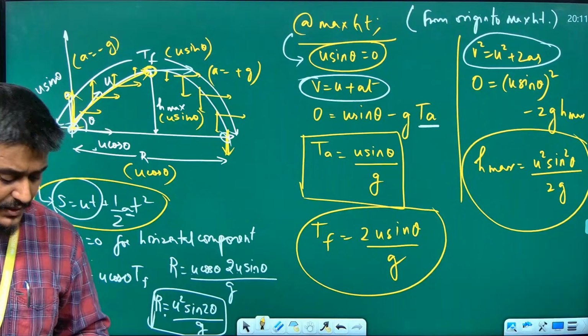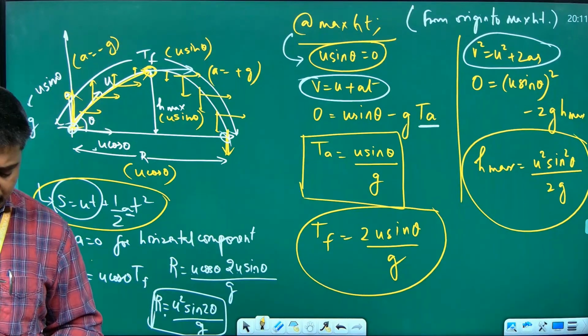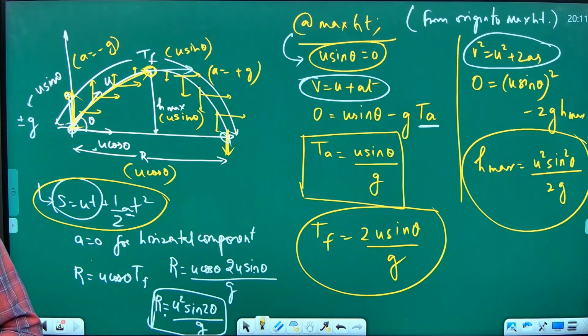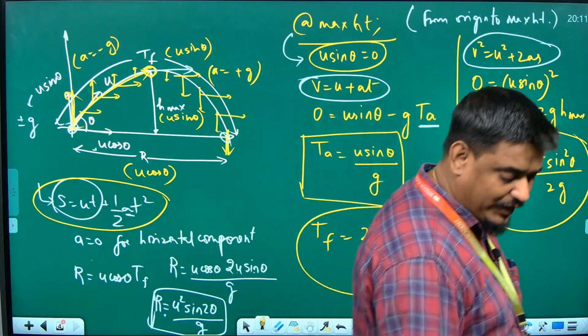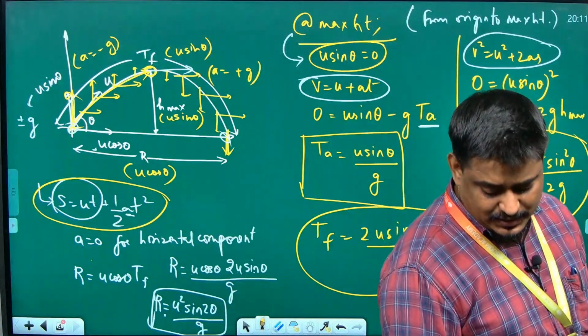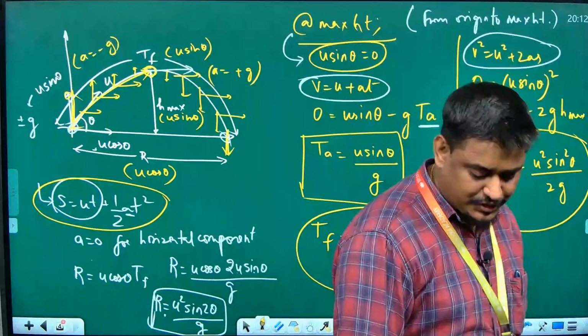I will repeat, a body is projected with a velocity of 30 meter per second at an angle of 30 degree with the vertical. Be careful about the question. Find maximum height, time of flight and horizontal range. Simple question.